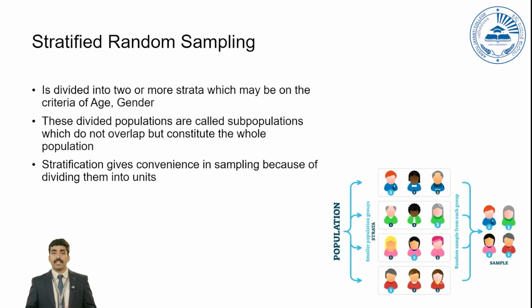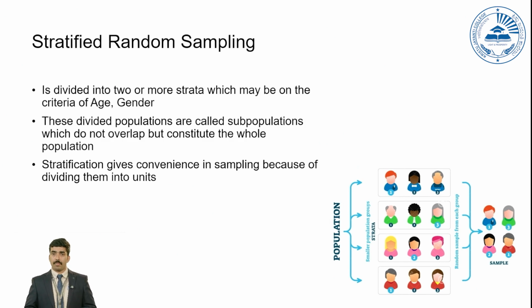Under a department, we can again take a smaller group. So when the population is so large, we can use stratified random sampling.